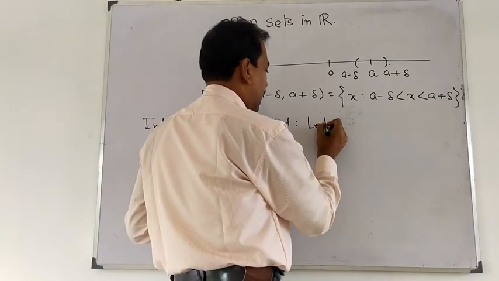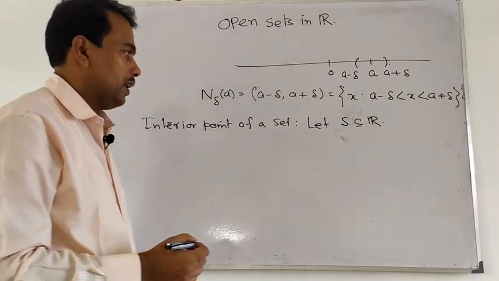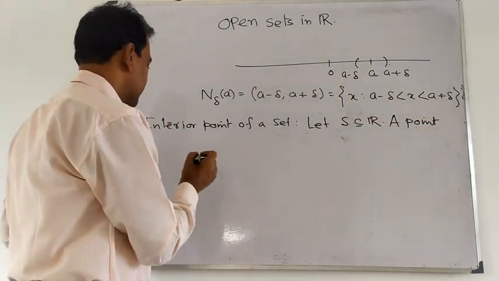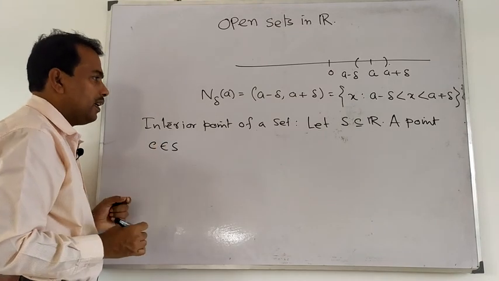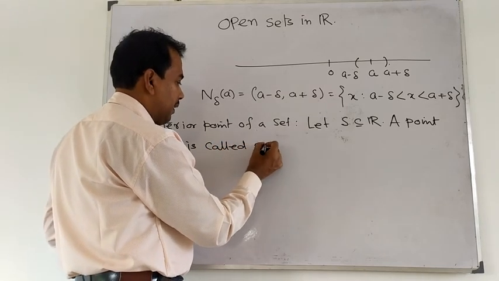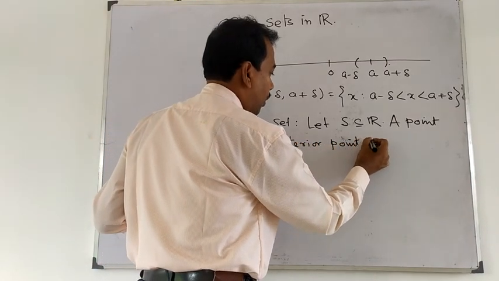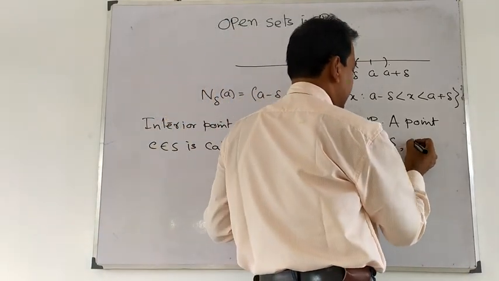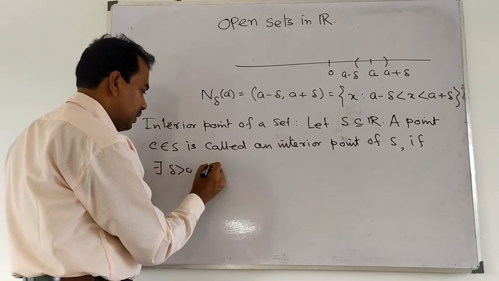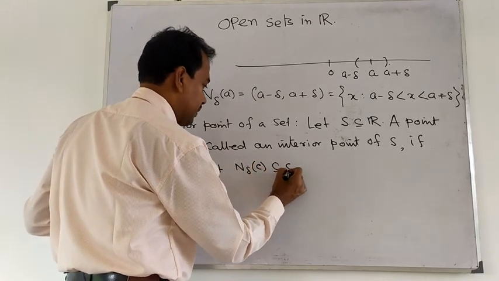Let S be a subset of R. A point C belonging to S is called an interior point of S if there exists delta greater than 0 such that N delta C is a subset of S.